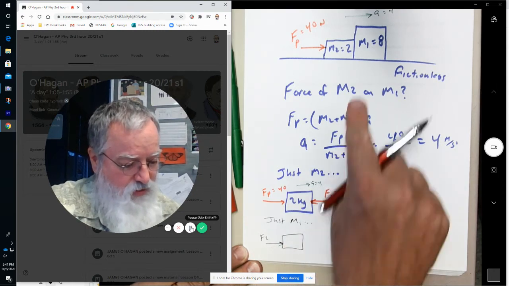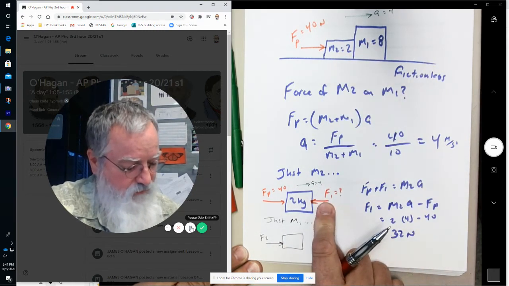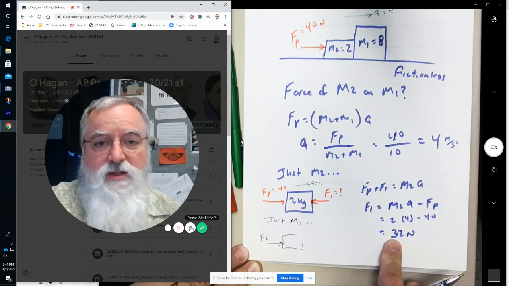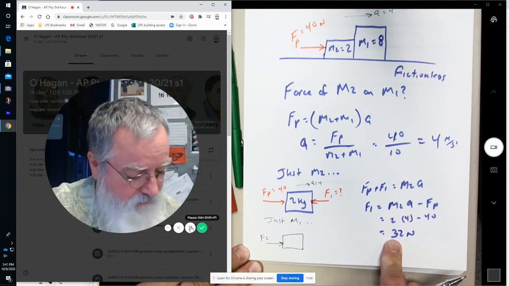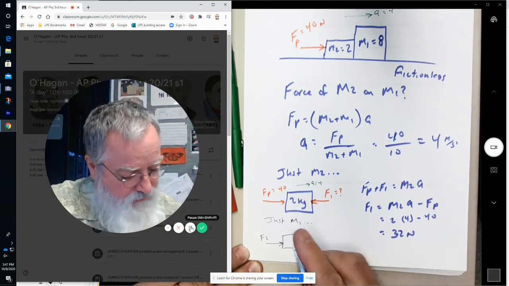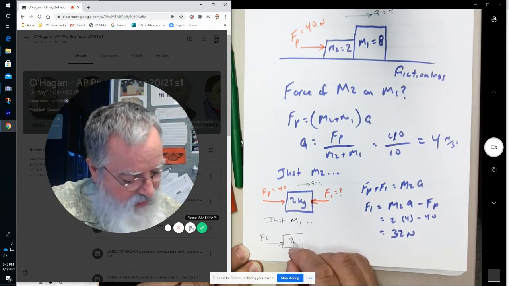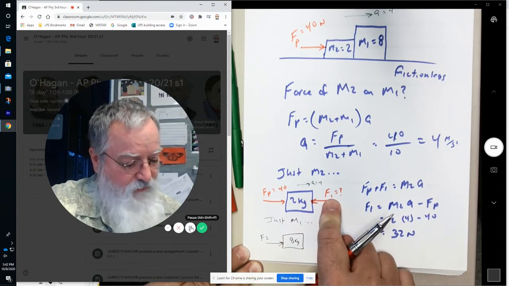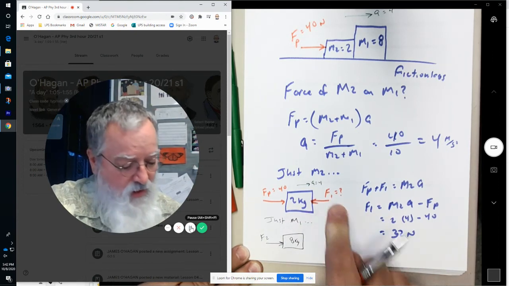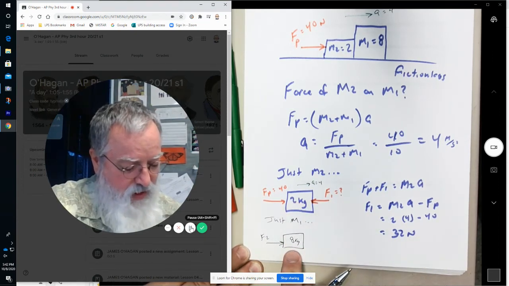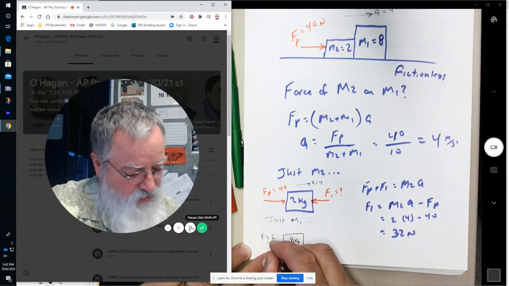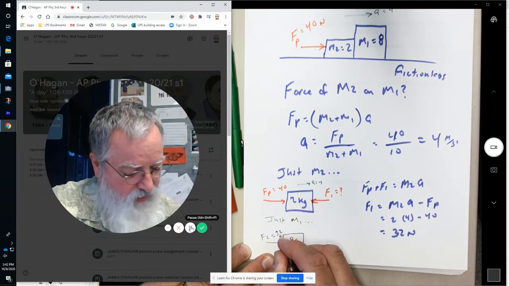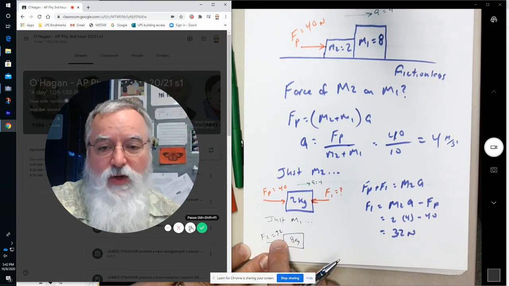I know how much mass 1 pushes on mass 2. It's 32 newtons. Newton's third law. Guess what? If mass 1 pushes on mass 2 with a force of 32, mass 2 pushes back on mass 1 with a force of 32. So force 2 is 32. That's because of Newton's third law.